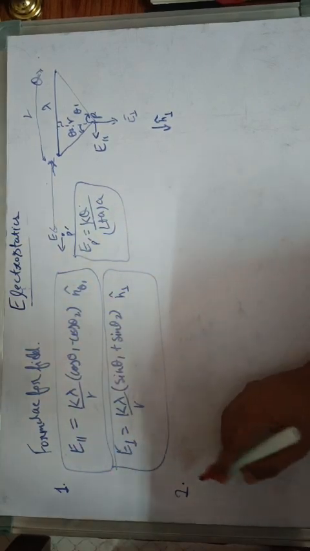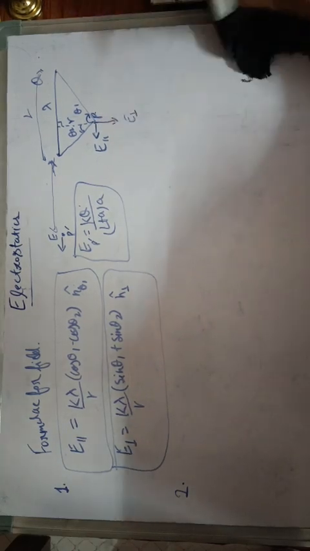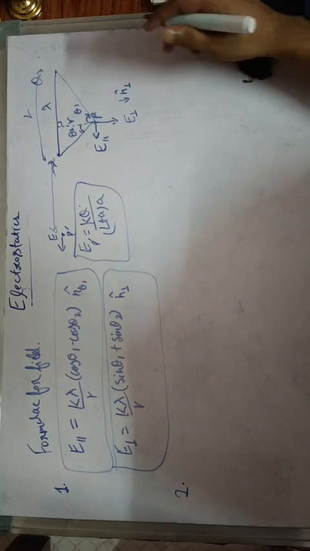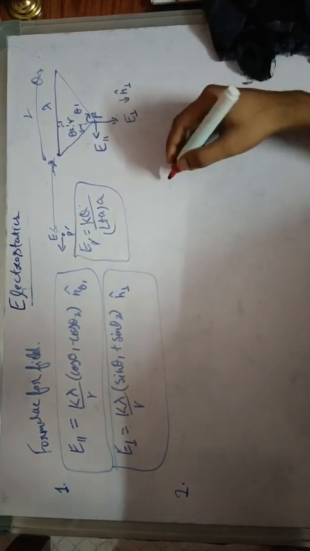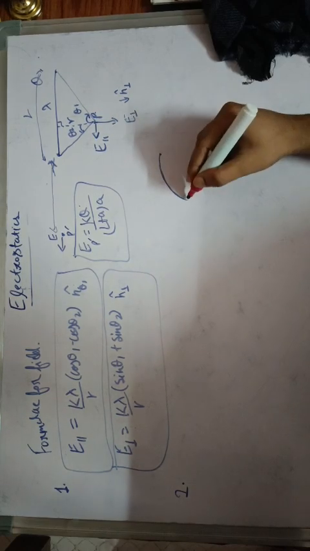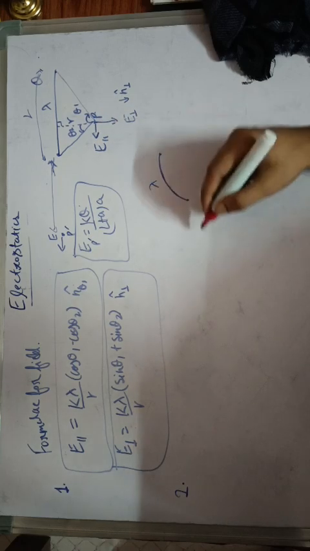Now the second case would be field due to an arc. Let's say there is an arc in space. It has lambda charge density.